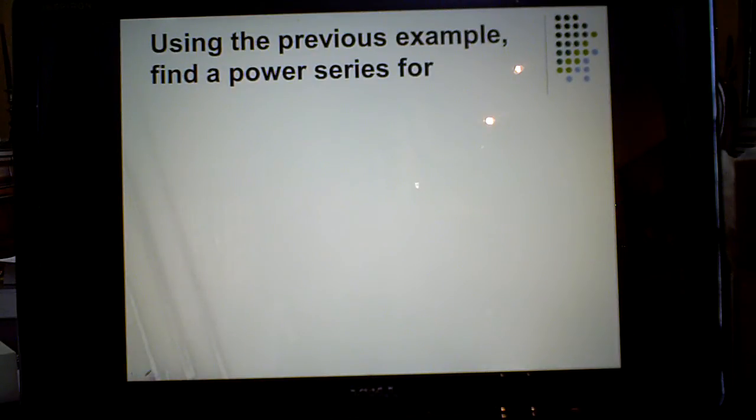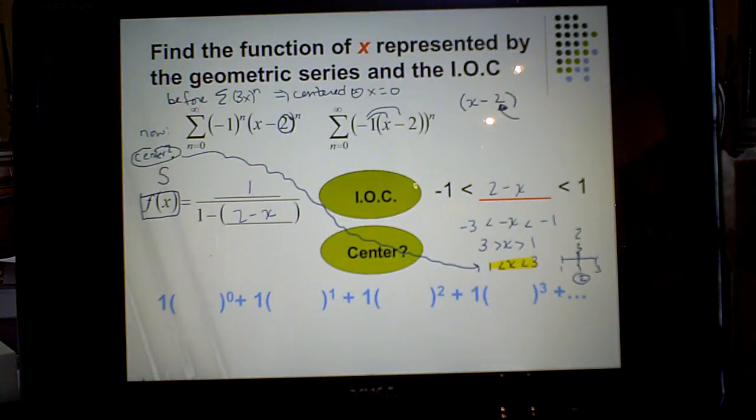So I'm going to write this as 1 times negative 1 x minus 2 to the 0, negative 1 x minus 2 to the first, negative 1 x minus 2 squared, and so on and so forth.